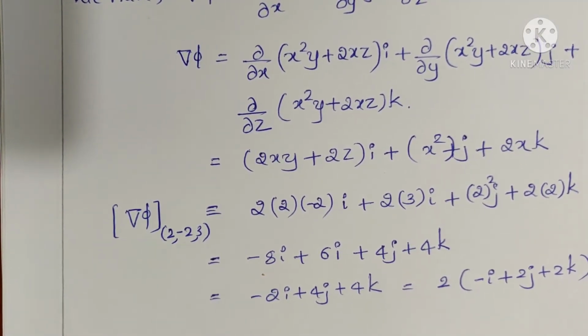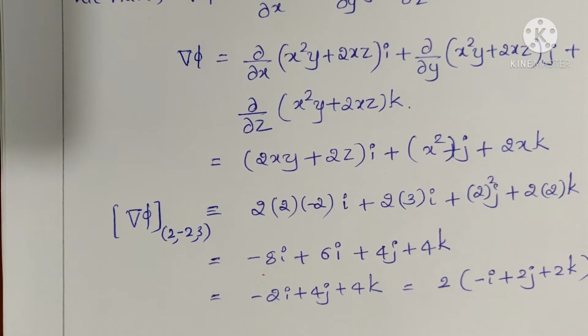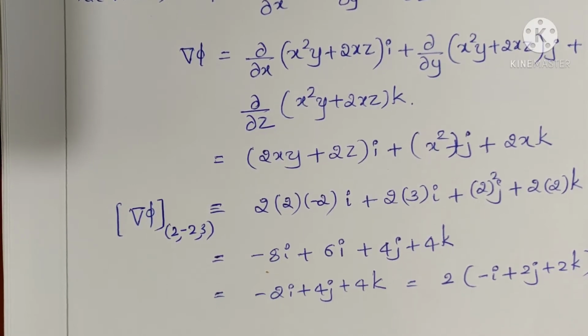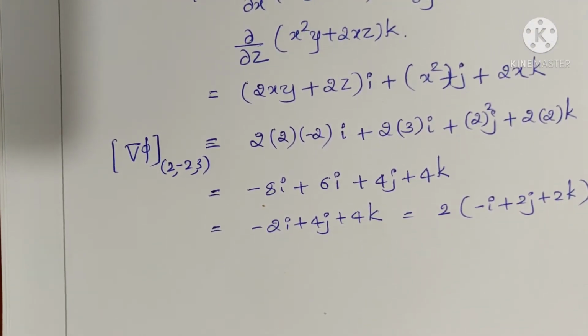Then they asked you to find the unit vector normal. Del phi is only the vector normal. So what is the unit vector normal? n cap is equal to del phi by magnitude of del phi.